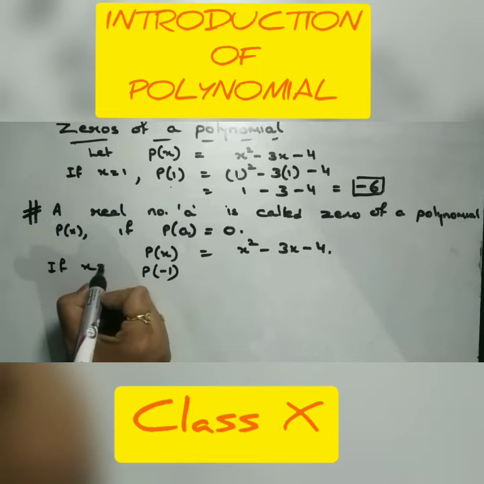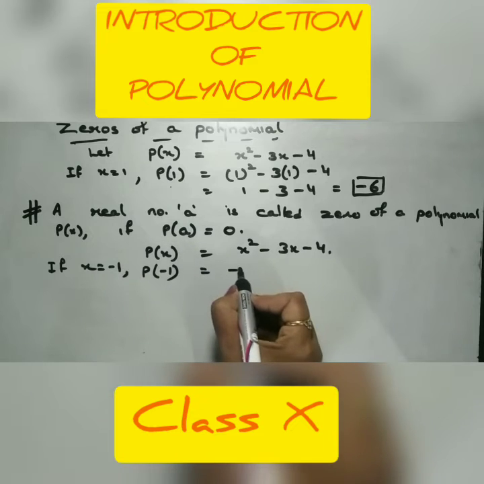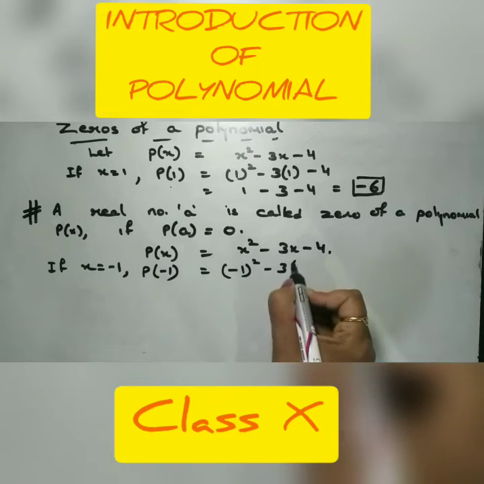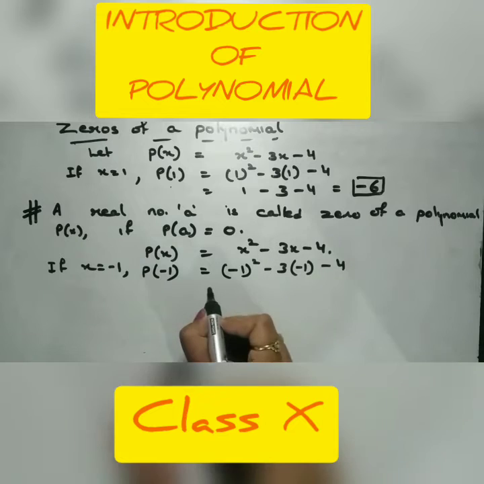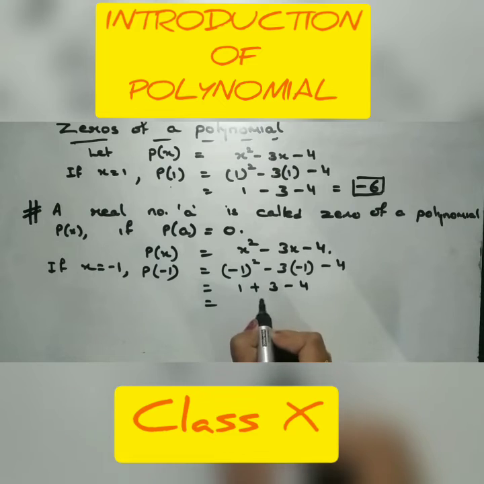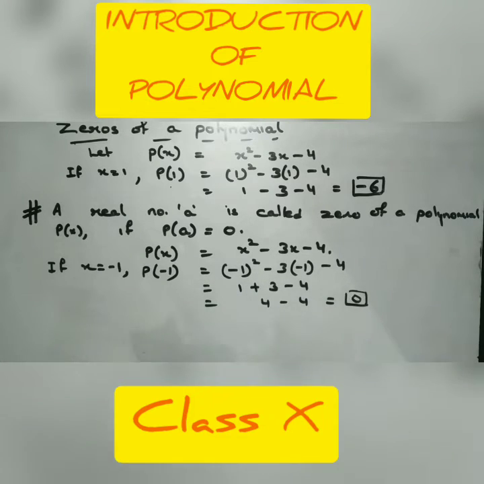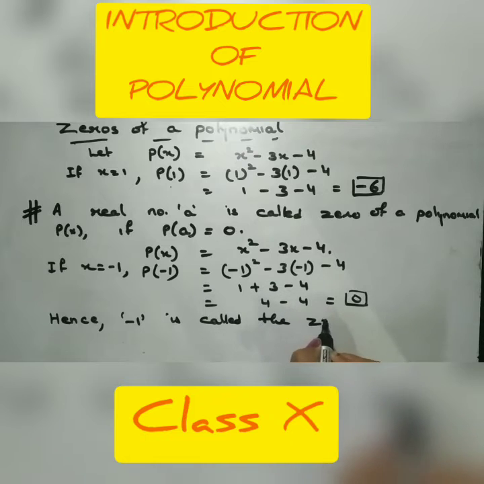If x is equal to minus 1, what is the value of the polynomial? P(minus 1) is minus 1 square minus 3 into minus 1 minus 4, which gives you 1 plus 3 minus 4, which is 4 minus 4, equal to 0. Yes, I got the answer. I got the polynomial equal to 0. Hence minus 1 is called the zero of P(x).